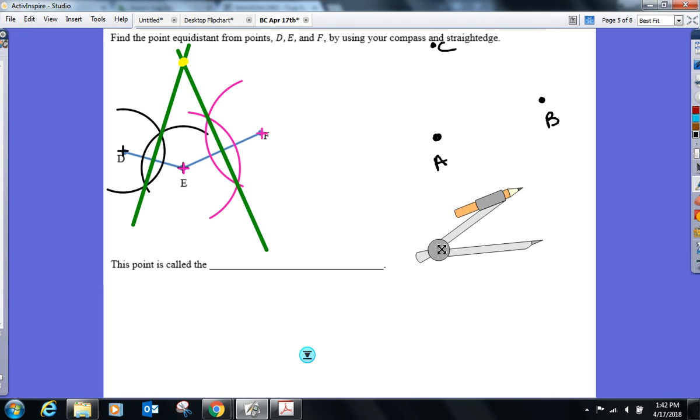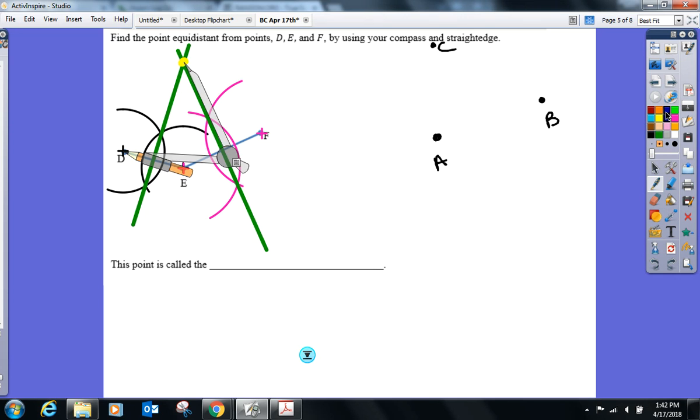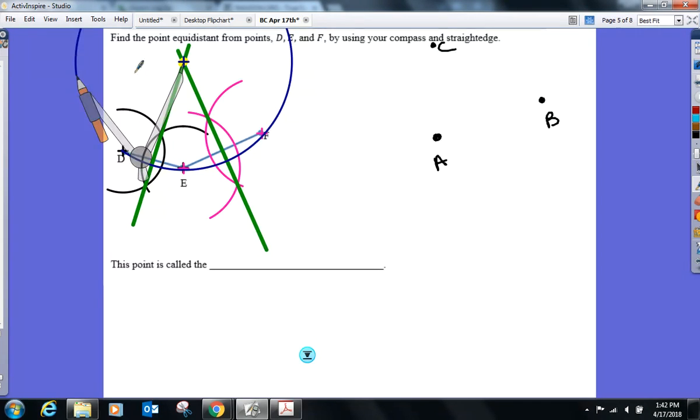I put my compass point on the center that you just found that's equidistant from D, E, and F. I open it up to one of the points. And there you go. It's going to go through D, E, and F. Look at that magic. So to find the center point, I'll let you guys finish that up.